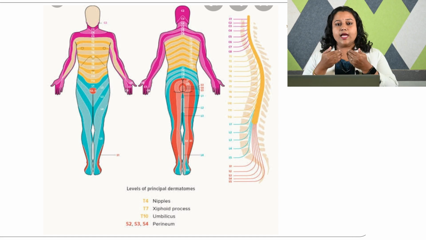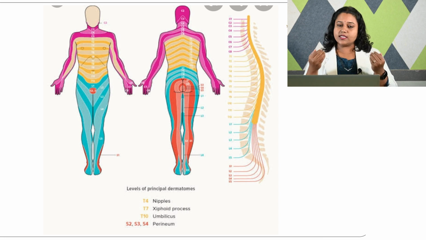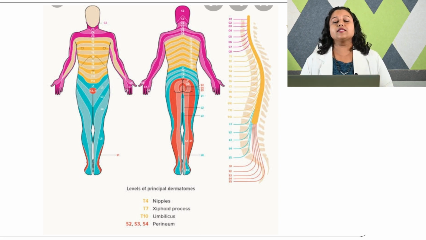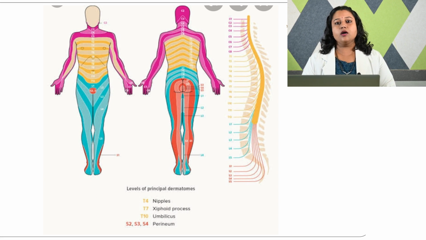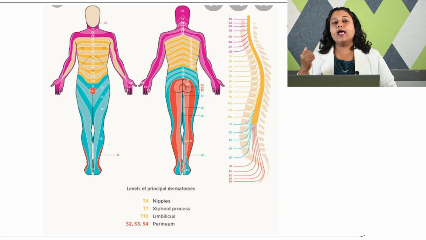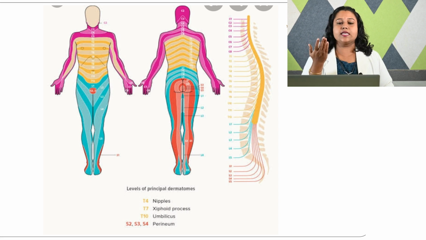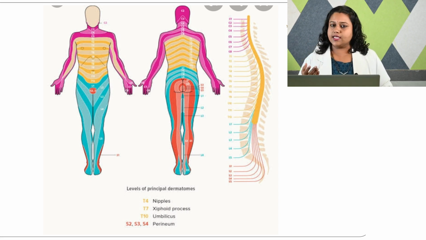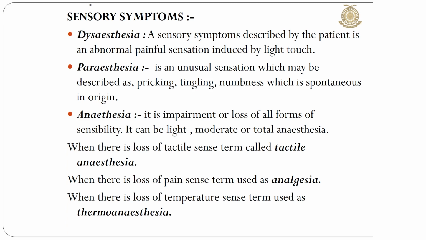The nerves arise according to these parts, the cervical, thoracic, lumbar, etc. From these vertebrae, the nerves arise and pass to some levels in the body, to the skin, to the dermal levels, and from these dermatomal levels we carry the sensations from the surroundings, and these pass through the sensory nerve system to the tract system to the CNS. This is the pathway.